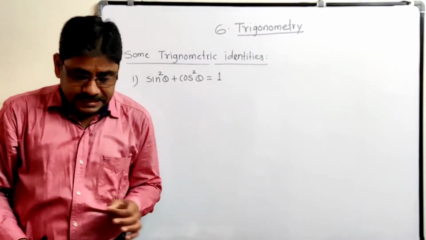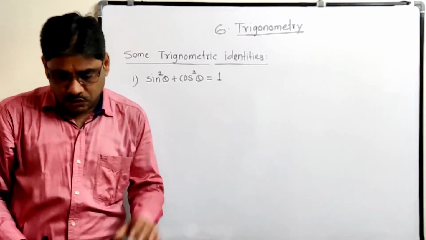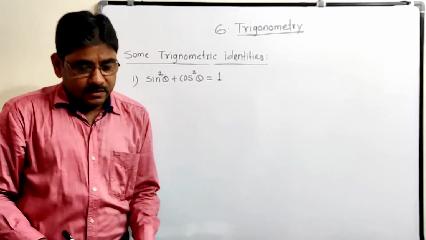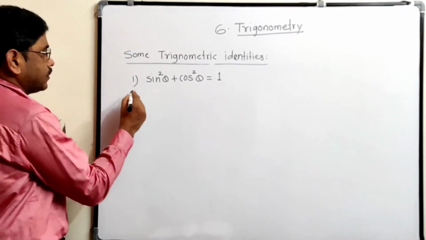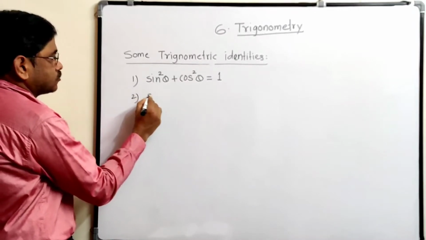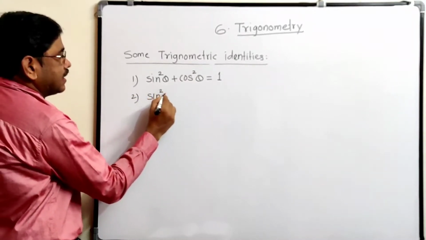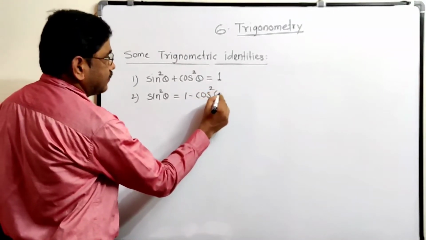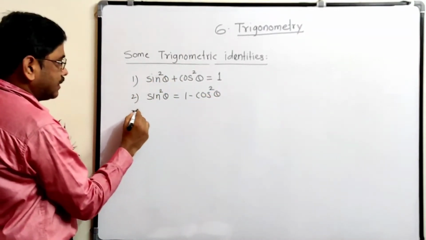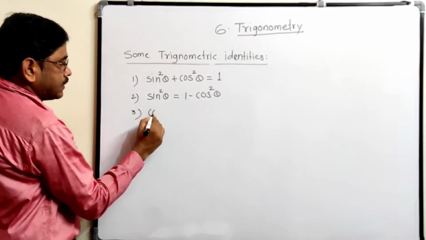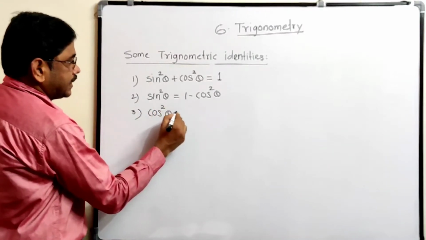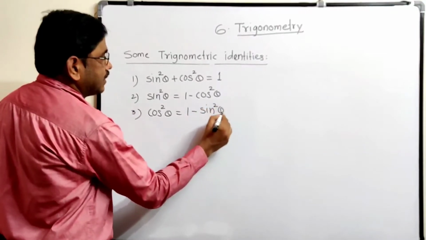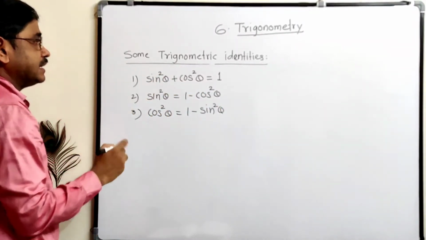From this identity, we get two relations. Second, we can write sin square theta is equal to 1 minus cos square theta. And third, cos square theta is equal to 1 minus sin square theta. So this is the first identity.